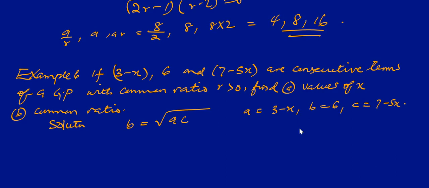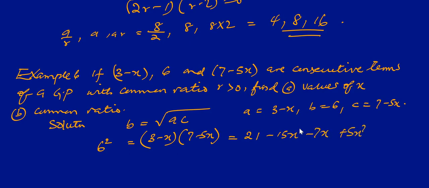So B squared, which is 6 squared, will be equal to 3 minus x multiplied by 7 minus 5x. If you expand that, that will give you 21 minus 15x minus 7x plus 5x squared.